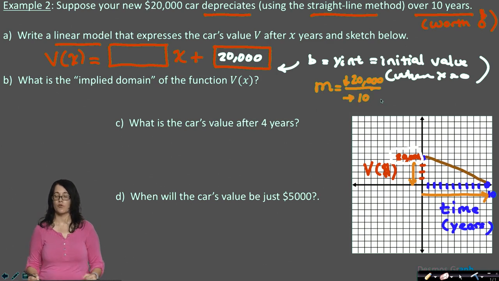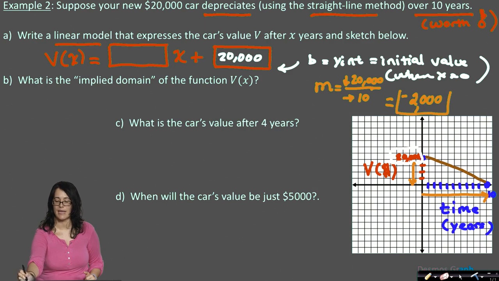So what does that mean if you go down 20,000 over 10 years? Well, that would mean that you'd have a negative slope, wouldn't you? And 20,000 divided by 10 is 2,000. So what that's saying is I'm going down by 2,000, not by 5, like I accidentally misspoke a moment ago. It looks like I'm going down by 2,000 every 1 year, etc.